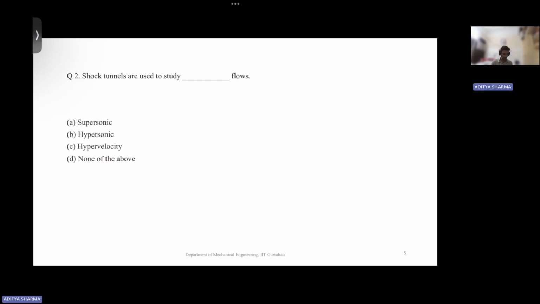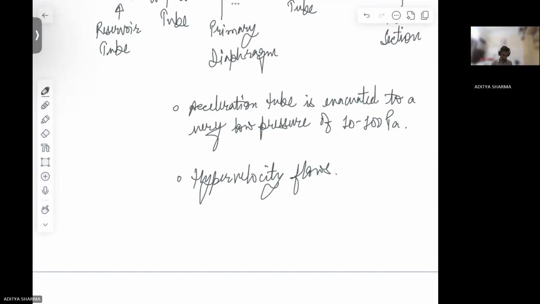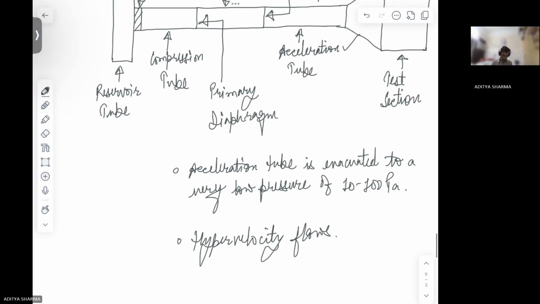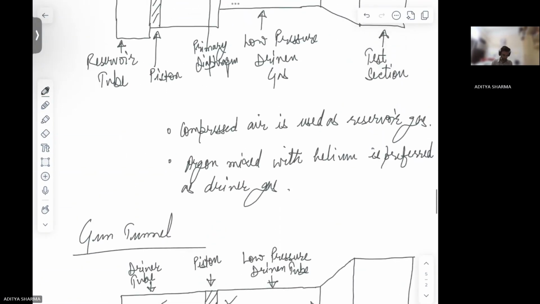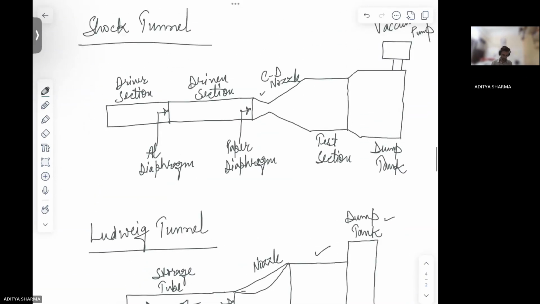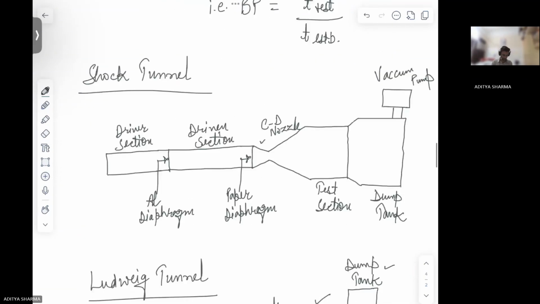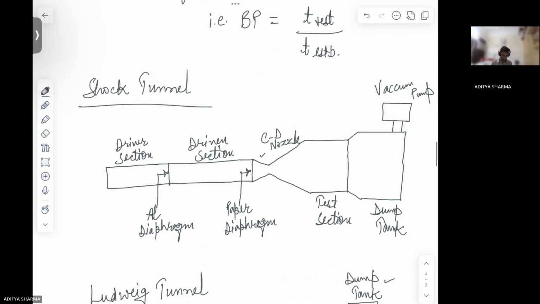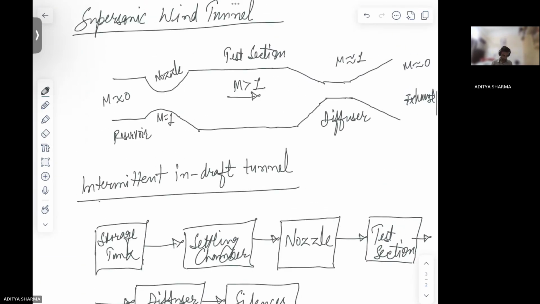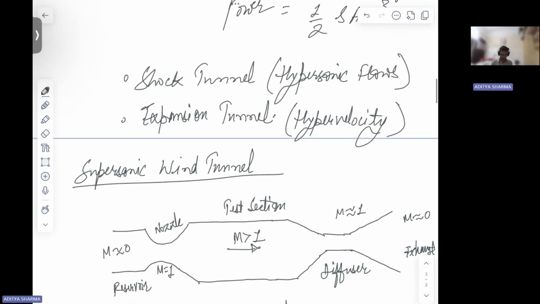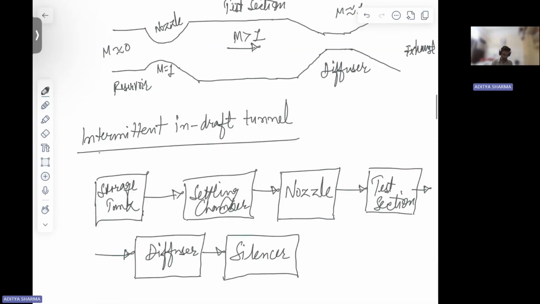Shock tunnels are used to study flows in which regime? So if you see shock tunnels, they are used to study hypersonic flows.